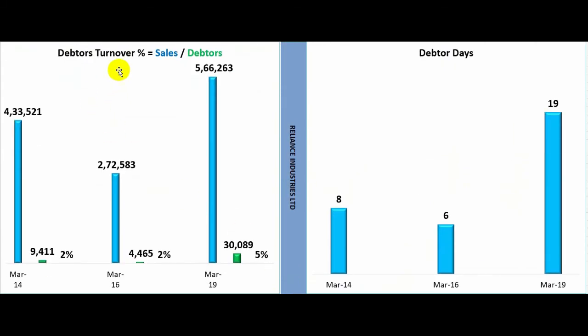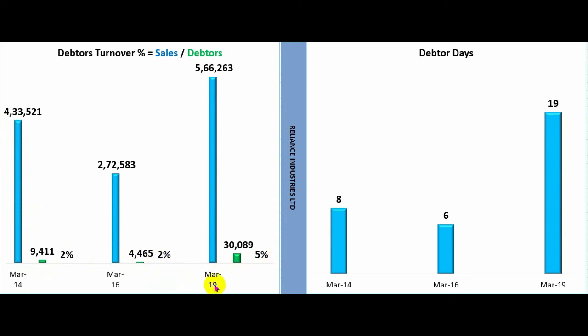Next, let us look at where the sales was compared to the debtors. This is the multiple of sales and debtors. In March 14, the company did sales of 4,33,000 crores, against which its collection of that year from customers was just 9,400 crores. That's just 2%. And throughout, it has managed to keep it at a very low percentage.